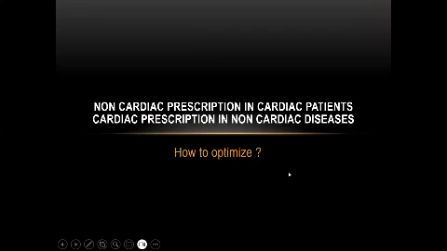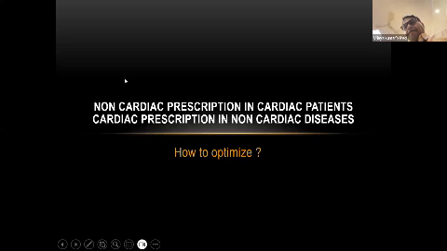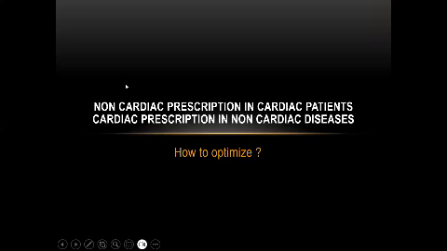So what we are going to discuss in this particular lecture is what we have to do when we have to give a non-cardiac prescription to a cardiac patient, and when we have to give a cardiac prescription to a non-cardiac patient, a non-cardiac disease. So how are your drugs going to be changed?